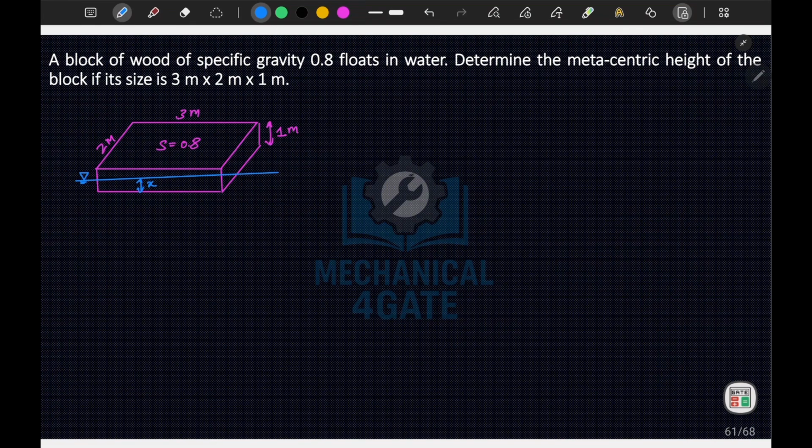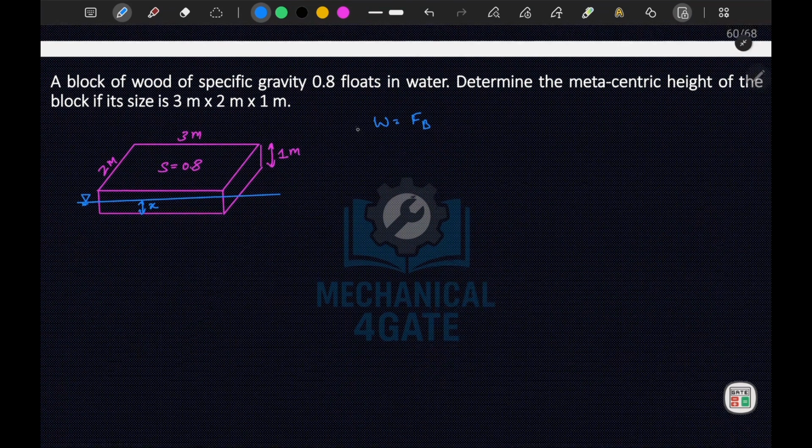So I can write that my weight is equal to buoyant force, and this weight is equal to 0.8 rho, sorry, sg, or let's write rho only, into v. Now v is your 3 into 2 into 1, is equal to Fv.